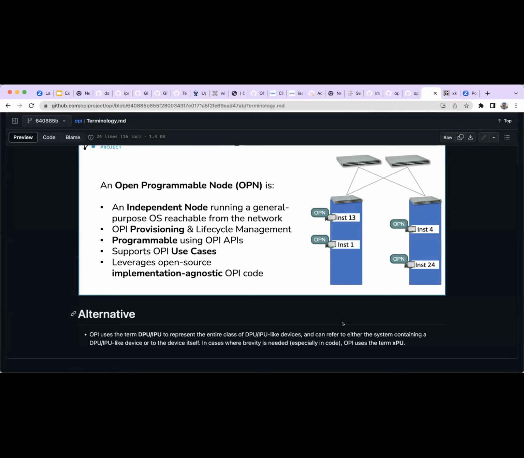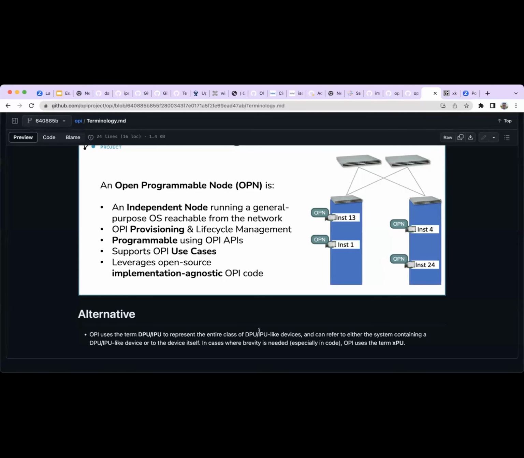I think that this sort of sidesteps the alphabet wars by using a wildcard, and also preserves all of our DPU, IPU verbiage that we already have on the website, so that it's not a pivot or any sort of implicit signaling to the external world.